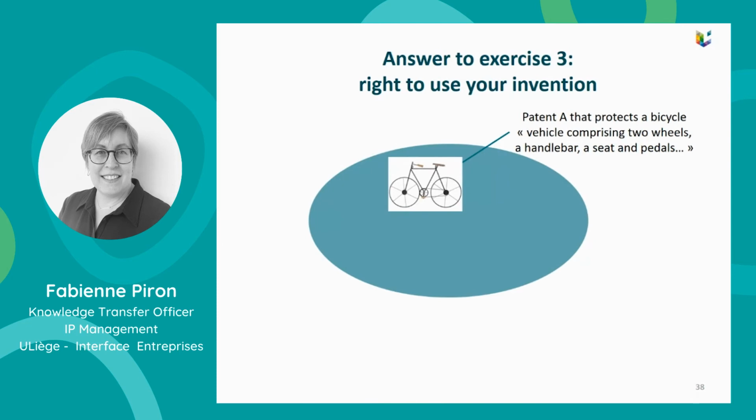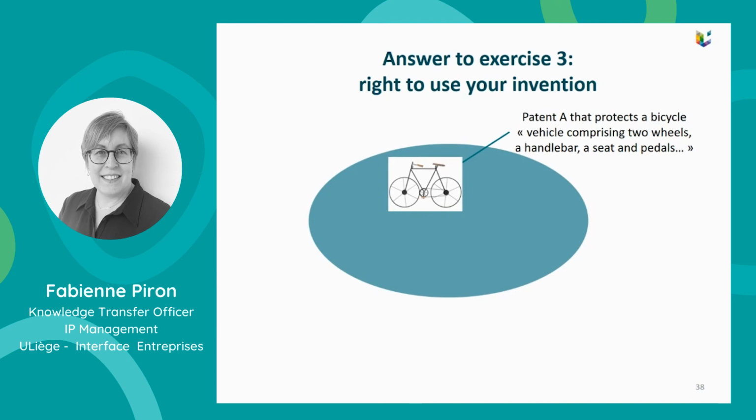So let's do this exercise to illustrate the right conferred by a patent. We have a blue circle representing virtually the scope of patent A that protects a bicycle, which is defined in the patent as a vehicle comprising 2 wheels, a handlebar, a seat, and pedals.